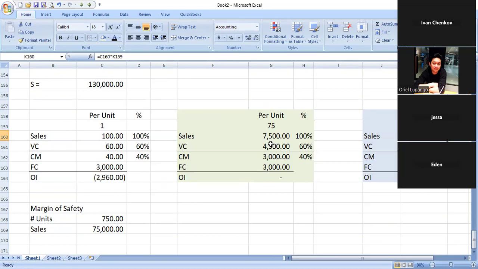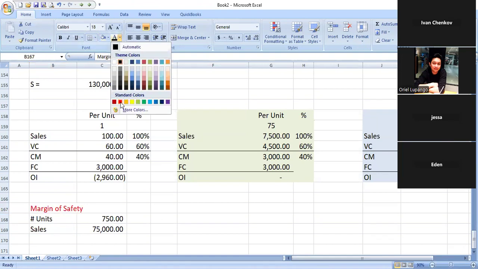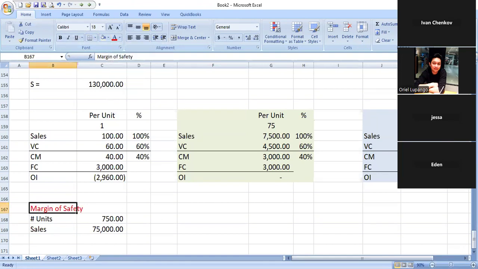Because you're still above the break-even. So it's good to know your margin of safety, because that always tells you how far you are from the break-even point. The farther you are, the better for you. But if you see a drop, then you're going to ask yourself, where is my margin of safety now?